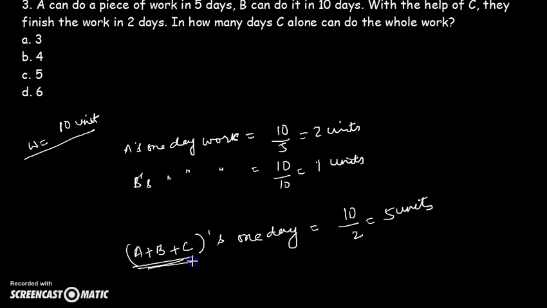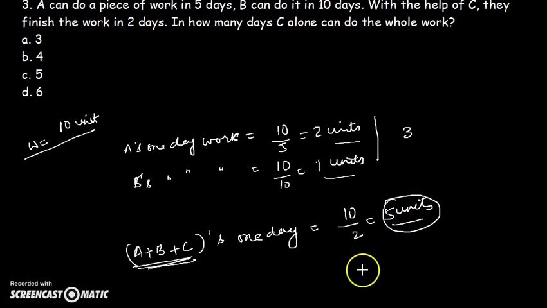So when all three are working together, they finish 5 units of work. But then you already know A finishes 2 units in 1 day working alone. B finishes 1 unit of work in 1 day. So together A and B finish 3 units of work.